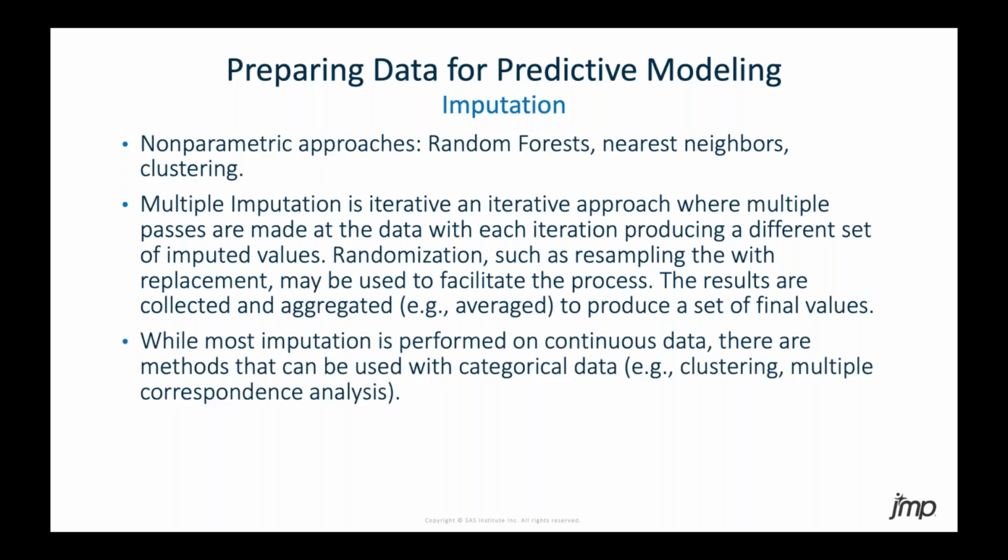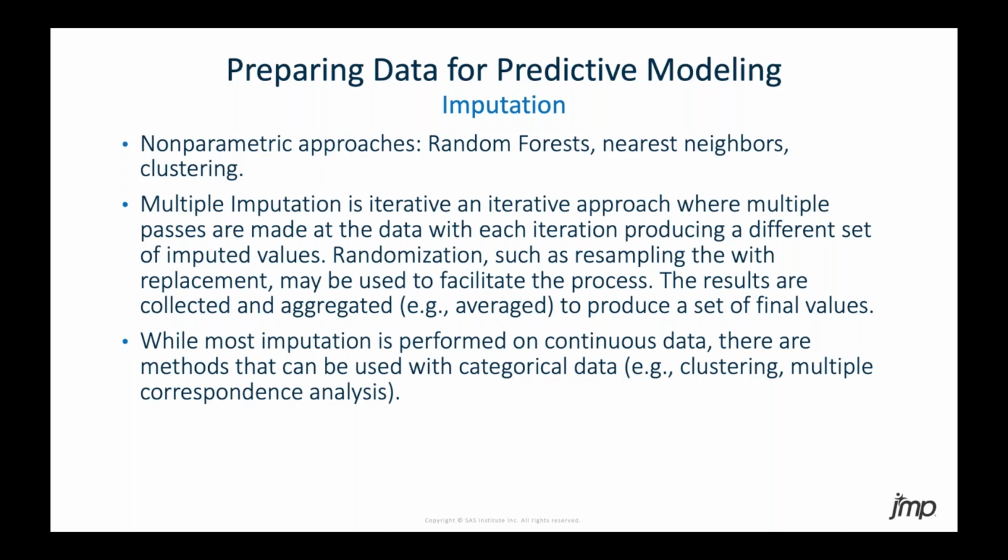Now, one of the things to keep in mind is that a lot of these techniques are focused on continuous data, and that's true both of simple imputation and multiple imputation. A lot of distance formulas, so things like nearest neighbor, rely on having the input values as continuous. So that works as long as you're trying to impute continuous values.